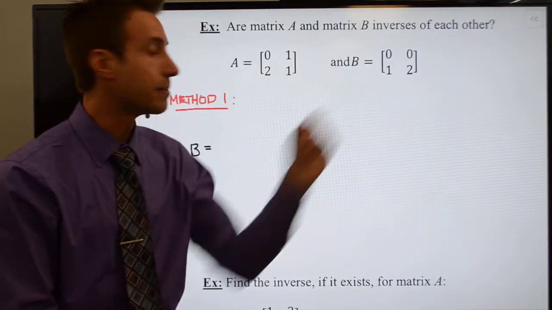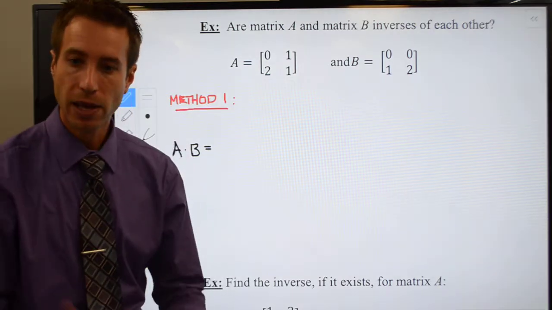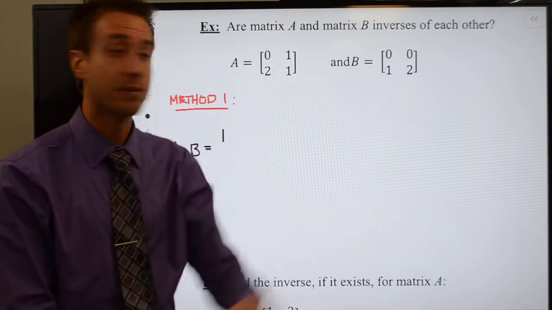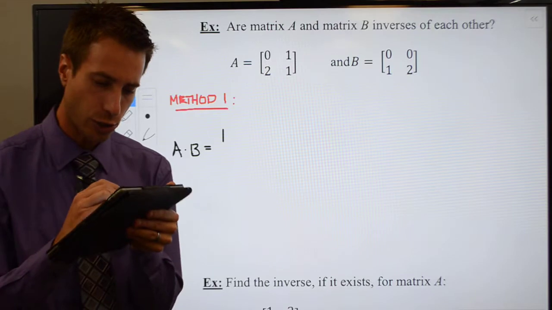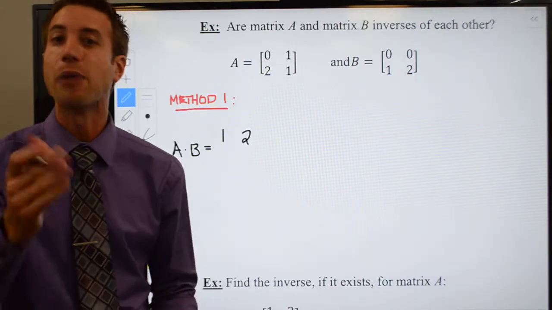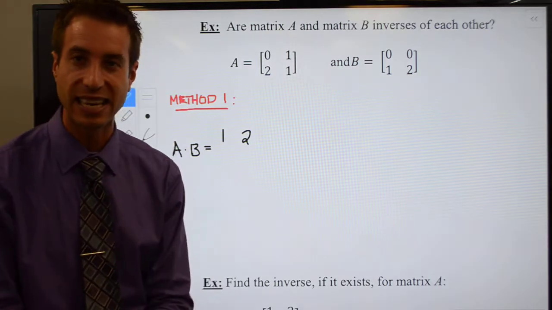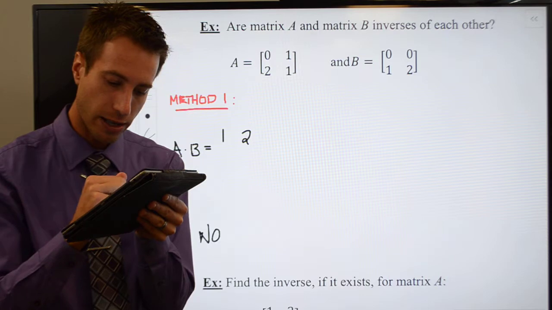So 0 times 0 is 0. 1 times 1 is 1. 0 plus 1 is 1. Off to a good start. 0 times 0 is 0. 1 times 2 is 2. 0 plus 2 is 2. Ooh, yikes. I would have needed that to be a 0. Since it's not a 0, I know I'm not going to get the identity matrix, and I can say already, no, these are not inverses.